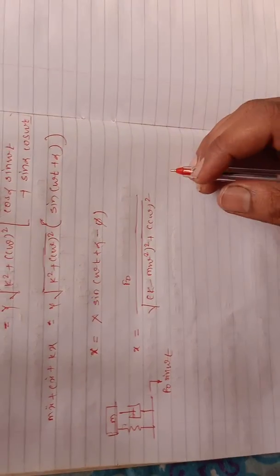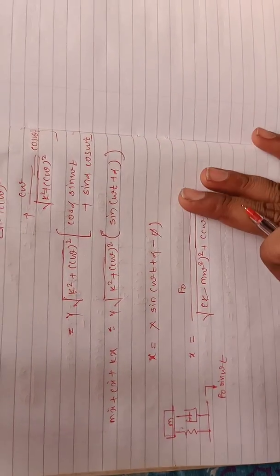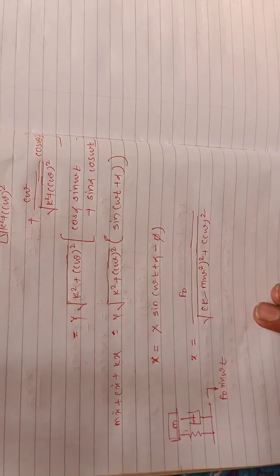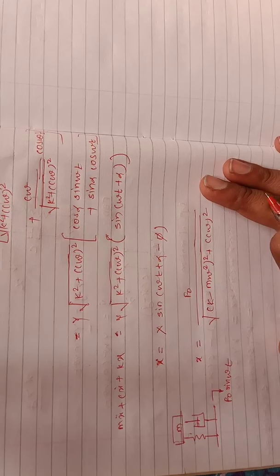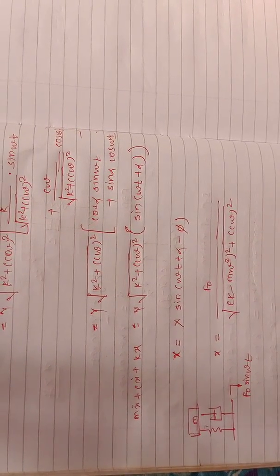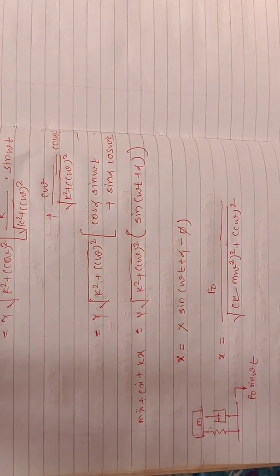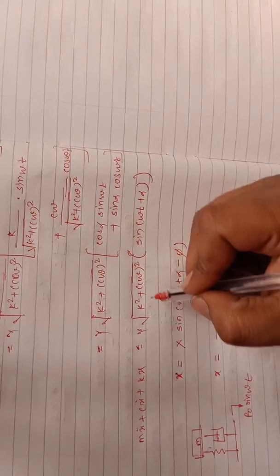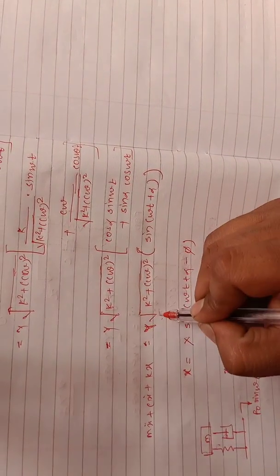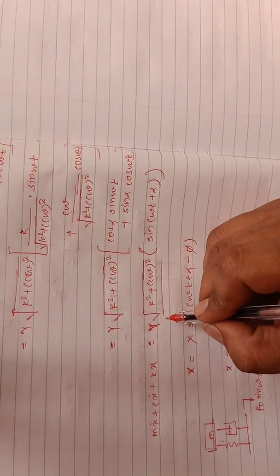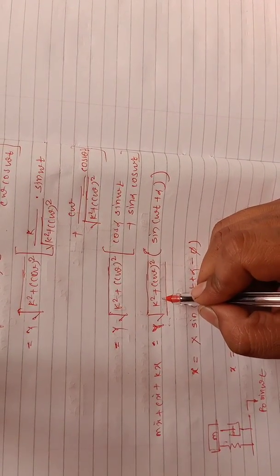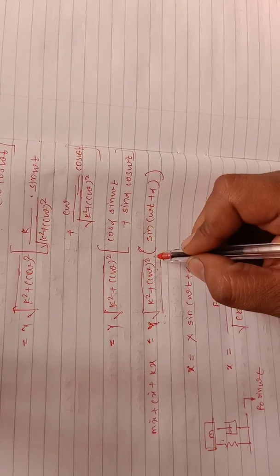And in our case the particular excitation due to support is Y sin (omega t plus alpha), and in this case the particular amplitude is Y square root of k square plus (c omega) bracket square.